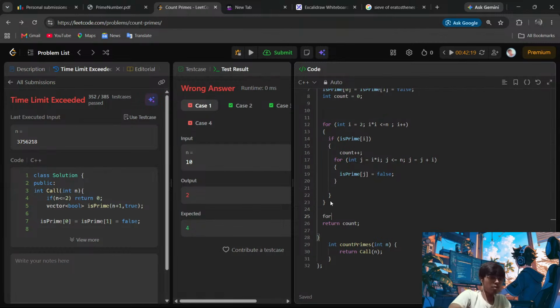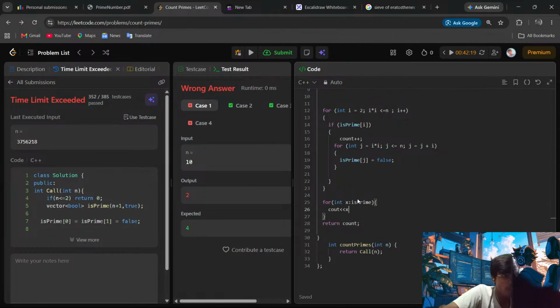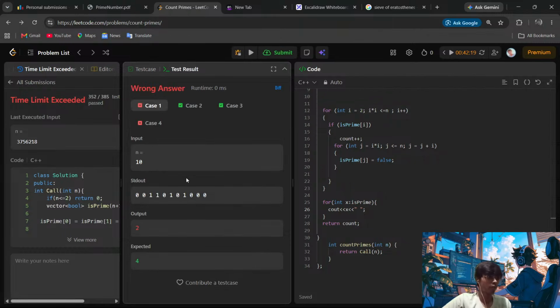Why is it giving me two for int x, int x is prime? cout. What did I get? I got this. So for 10, I got this 4.